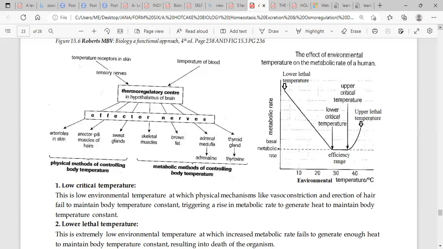There is no metabolism taking place, and they wait for favorable conditions to come again. That's when they will resume normal body functioning. They just become dormant for some time, and then they are able to come back when the right conditions appear.